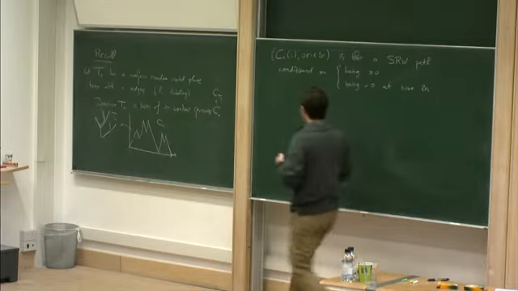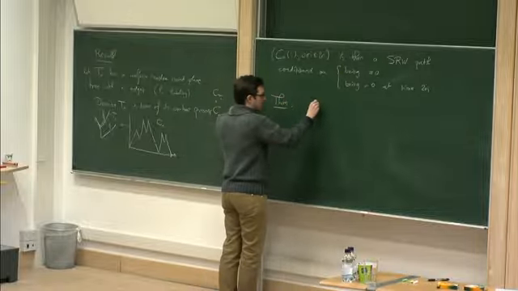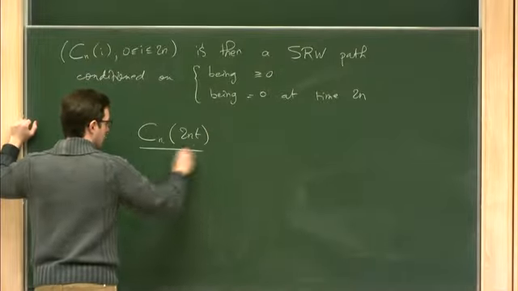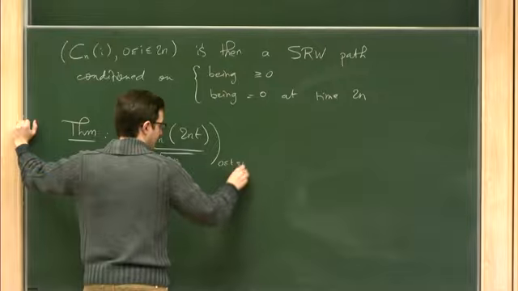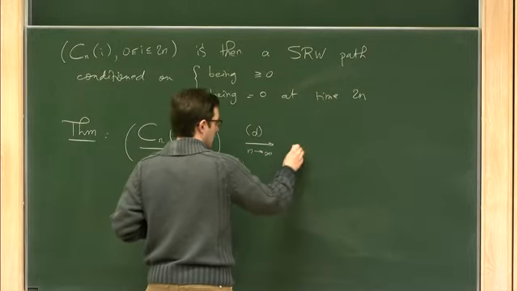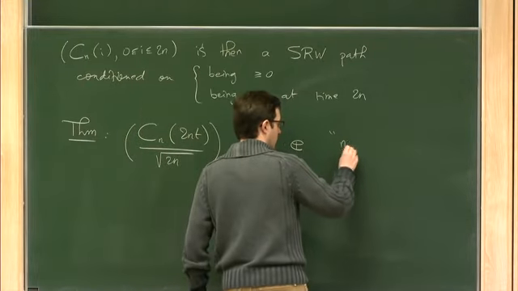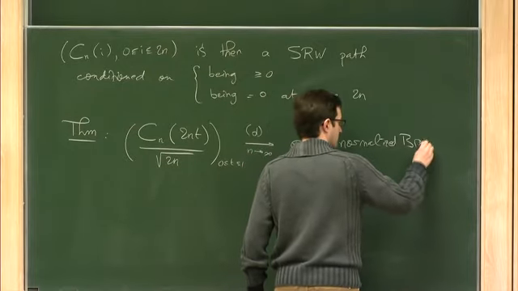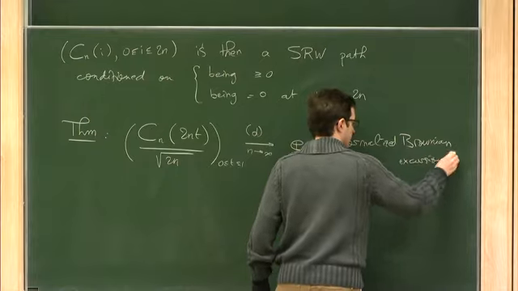Therefore, it's natural to expect that Cn, when properly rescaled, in a diffusive way, converges in distribution as n goes to infinity to a limiting process, which I want to call E, and it's called the normalized Brownian excursion.